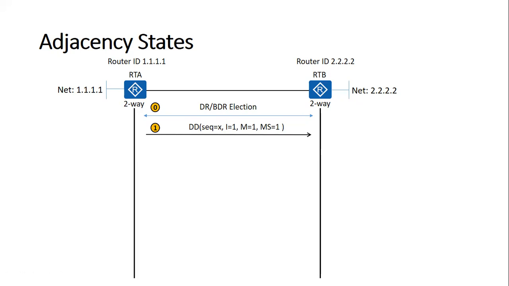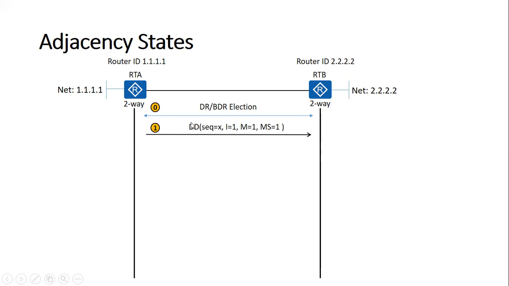The purpose of the Exstart state is to establish what we call sequence numbers for acknowledgement, because if I send a database description to this router, how do I know that it has actually received it?